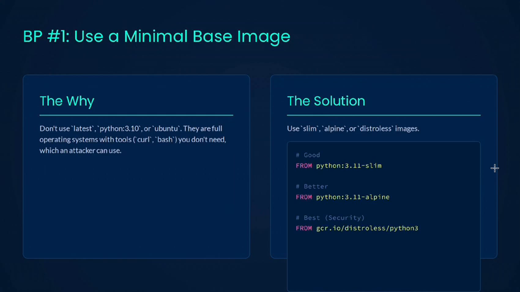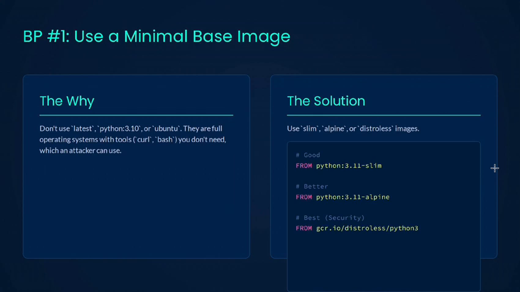So the best practice is to use minimal base images. First, your base images: stop using latest and stop using full OS images like Python 3.10 or Ubuntu. These are complete operating systems packed with tools like curl, wget, and bash, all things an attacker can use against you.